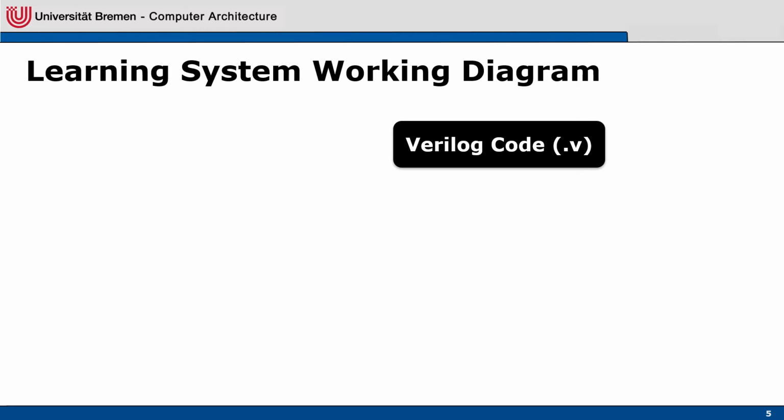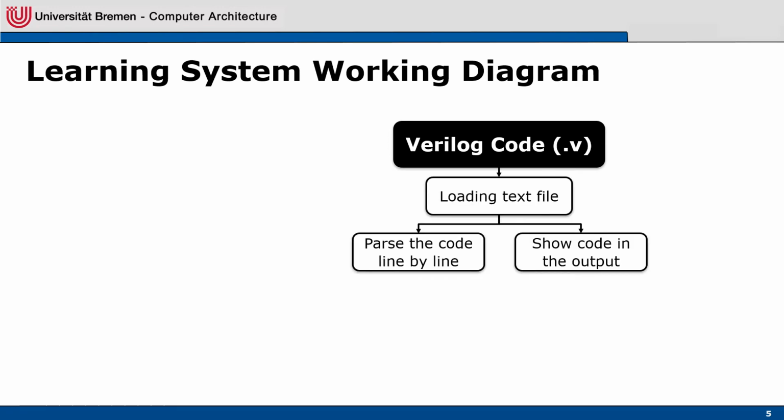It might be a question how the learning system works in an educational setting. In our learning system, instructors write a piece of Verilog code which represents a logic circuit and upload it into the system. Then the system starts parsing the code and shows it in the output at the same time.